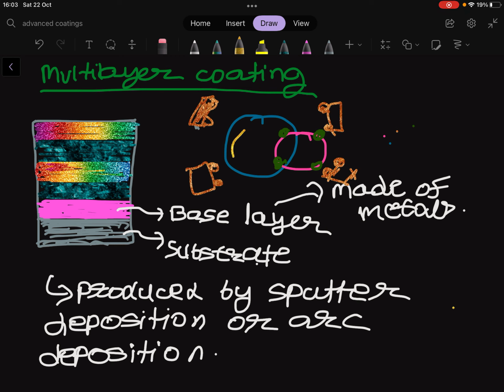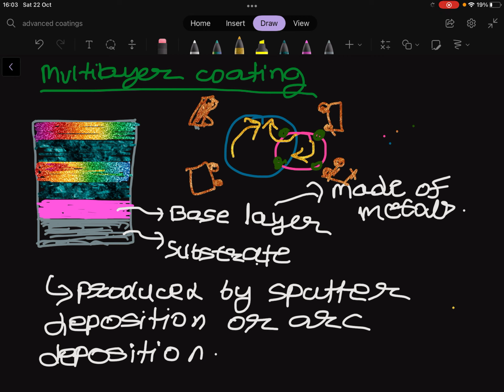This rotates here, and this rotates in this direction, and this rotates in this direction. So we have the chamber configuration represented by this sketch.